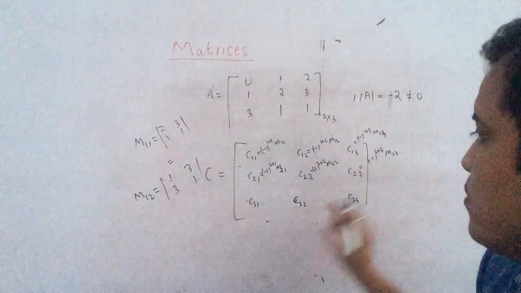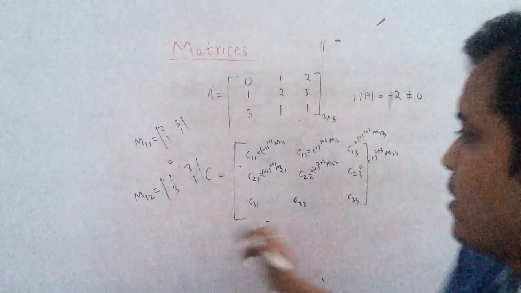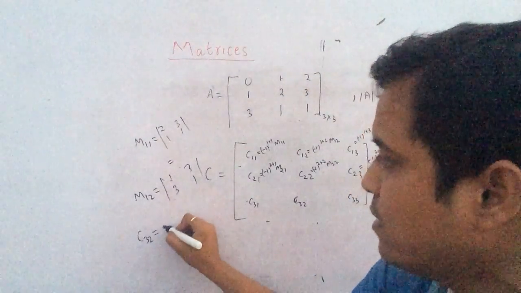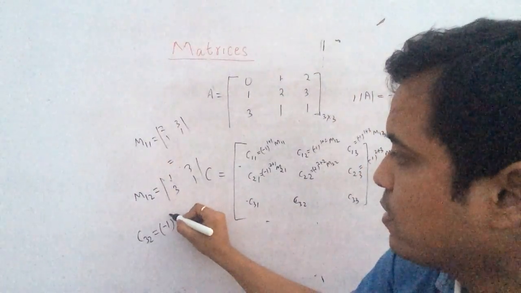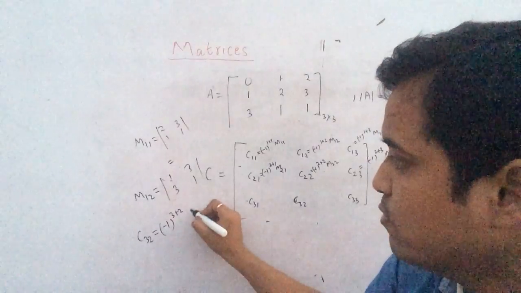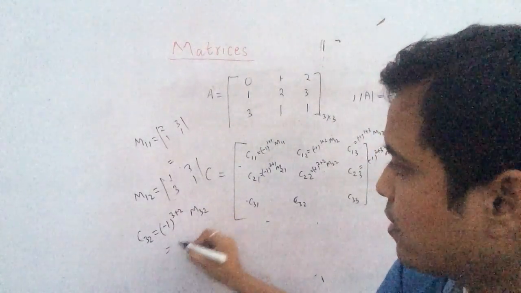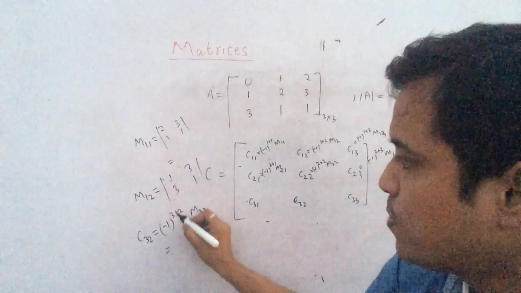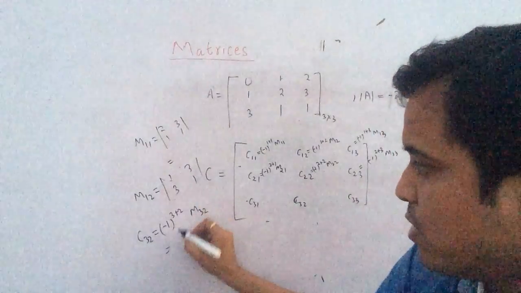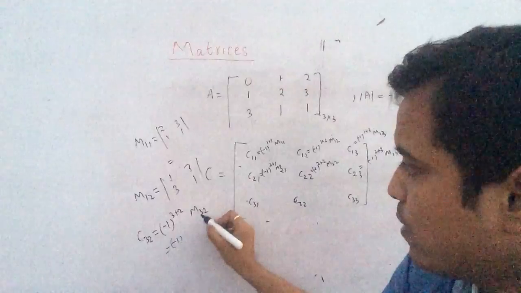Suppose you want to find C32. How would you find it? Minus 1 raised to power 3 plus 2 times M32. Minus 1 raised to an odd number, the answer would be minus 1. What is M32?